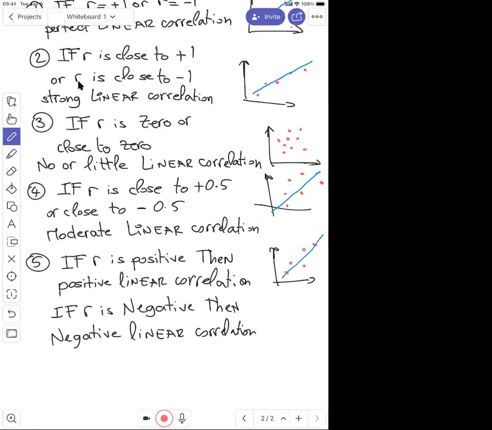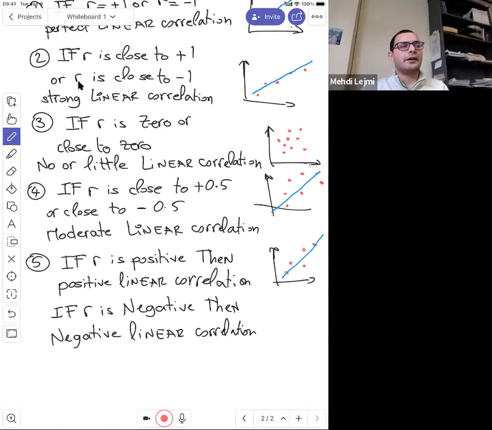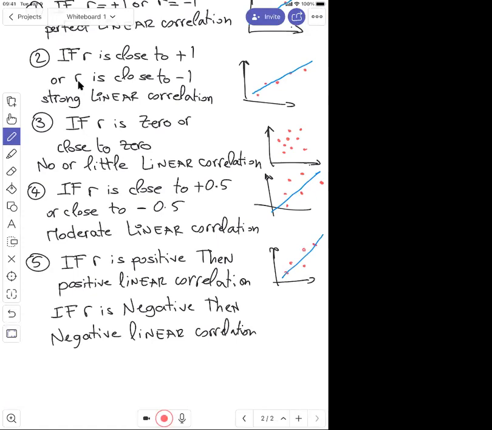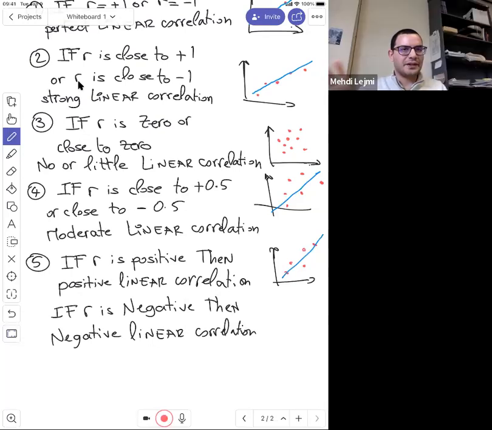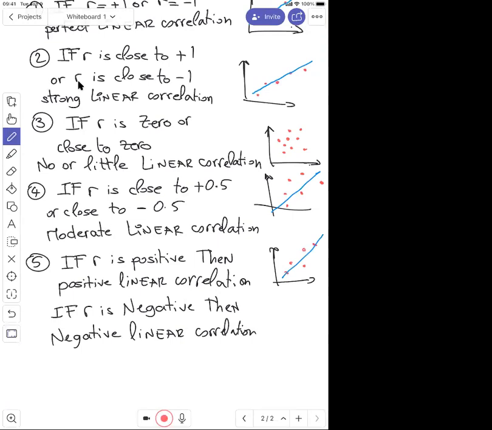You need to calculate R. In a standard problem, you would first graph the scatter diagram, and number two, you compute your R, and then from the R, you describe the strength of your linear correlation. So we get the R from the correlation.